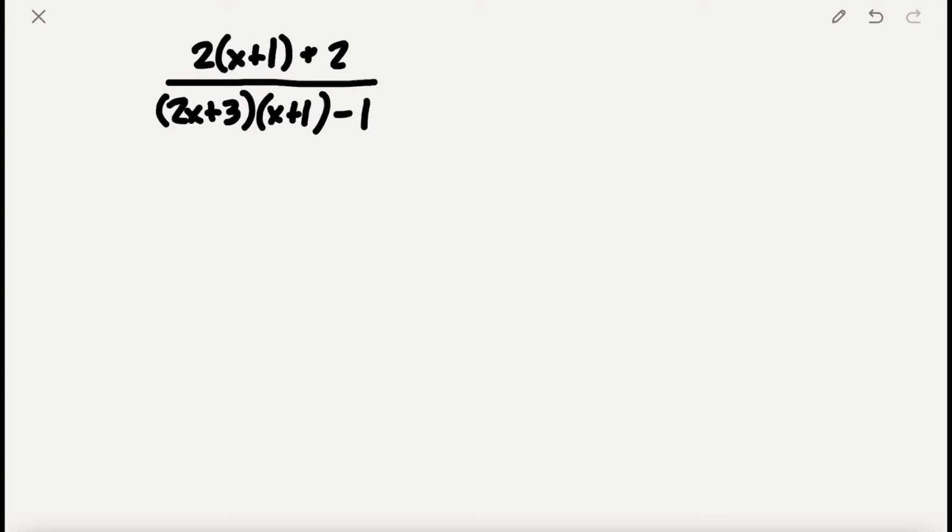All right, first thing I'm going to do for this is simplify everything as much as I possibly can. So that top part is going to be 2x plus 2 plus 2. So all I did was distribute this 2 so far. Okay, this next part, I'm going to multiply this 2x plus 3 times the x plus 1 here.